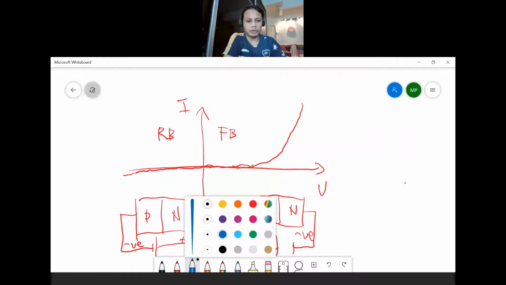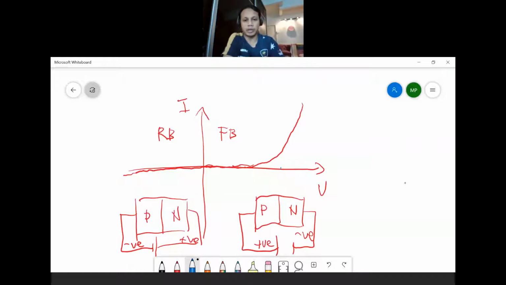We can also note that somewhere on the forward bias side, you can have somewhere here usually, it's called the cut in voltage, right?